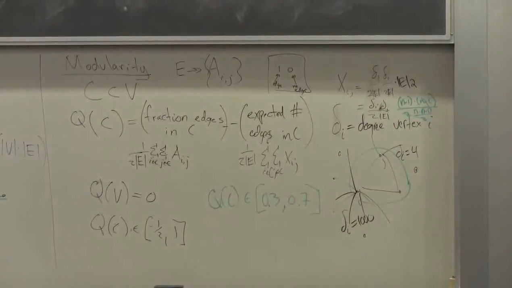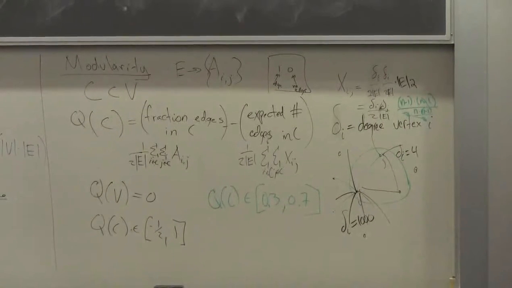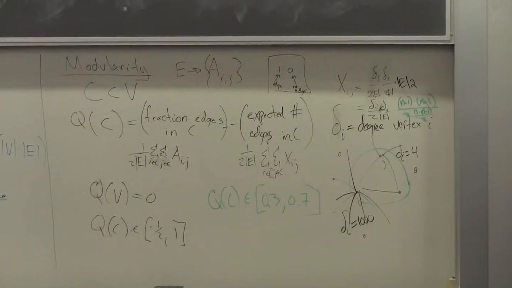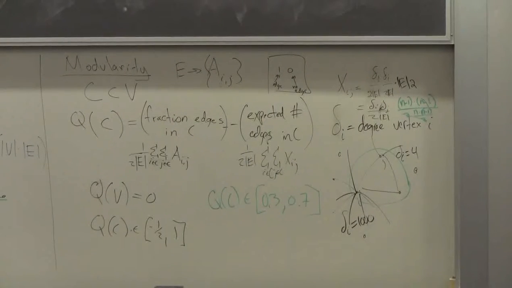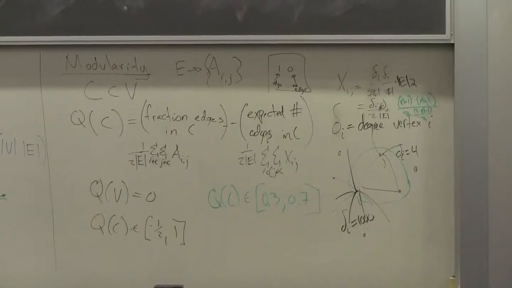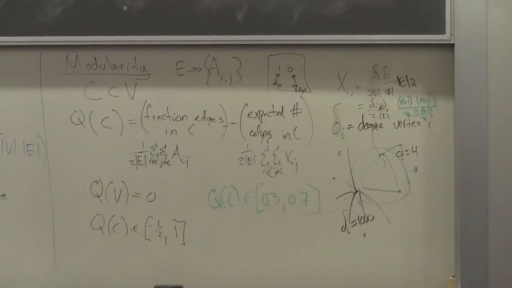You want to find these communities with these high modularities in them. And so often the problem is posed as to find a partition of V where you have community 1 up to some community K, where each Ci is a subset of V, and Ci intersect Cj is equal to the empty set for i not equal to j, right?